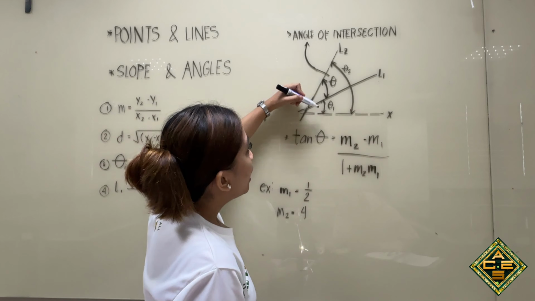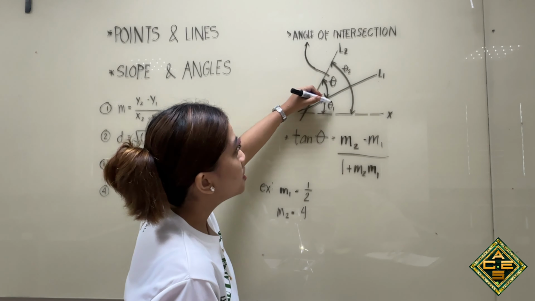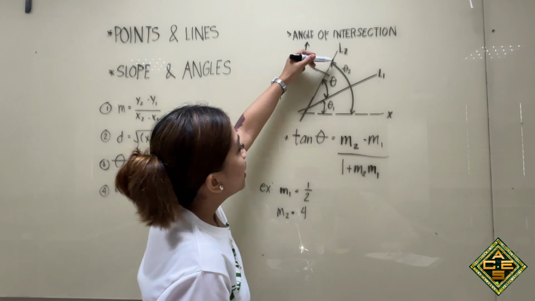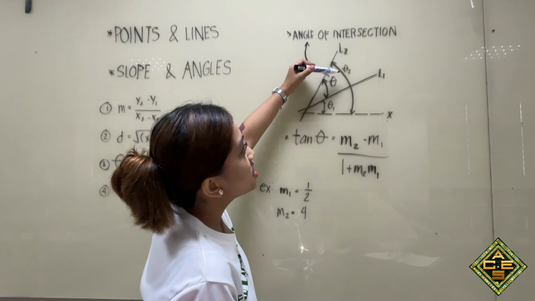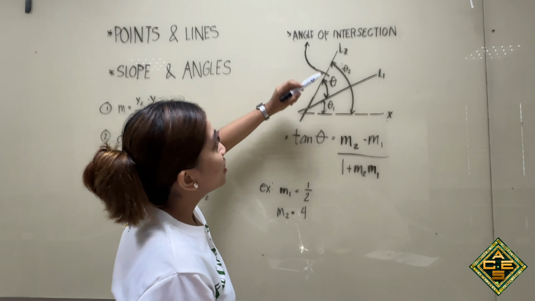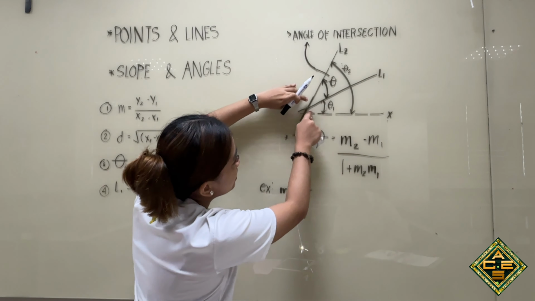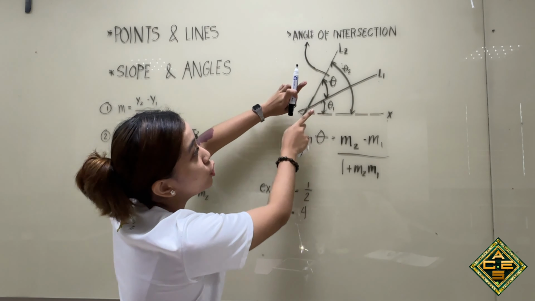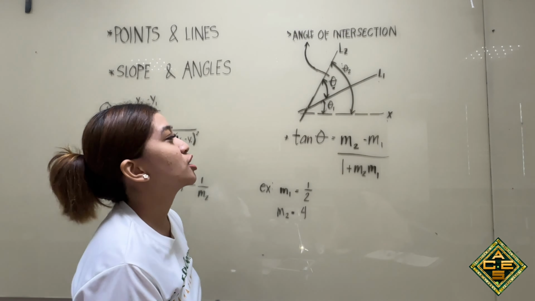So L1 has an angle of inclination with respect to the x-axis, which is named as theta 1, while L2 here has an angle with respect to the x-axis again, which is named as theta 2. So the angle of intersection is the angle between those two lines. So nag-intersect sila dito and they form the angle between them. So yun yung angle of intersection. So here is the angle of intersection.